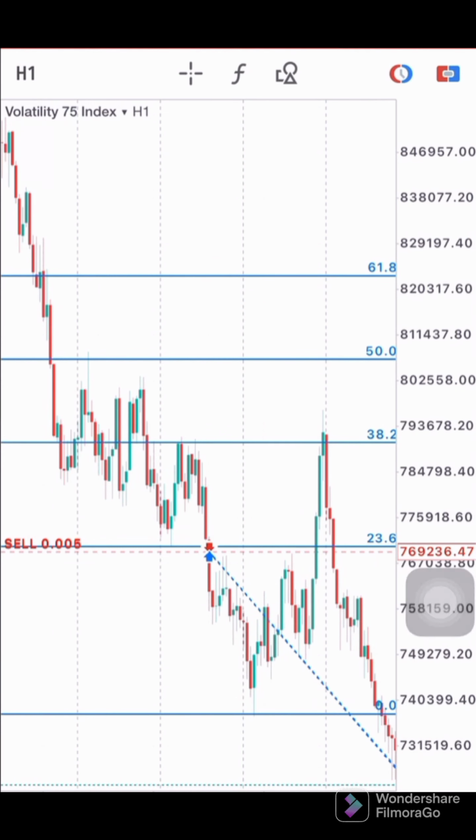So let me give you a recap of what we have learned today. Number one, you have learned what the Fibonacci retracement level is. Number two, you have identified how to use Fibonacci to identify resistance in the market. And number three, you have also learned how to combine Fibonacci retracement with other confluences and get a sweet entry in the market.